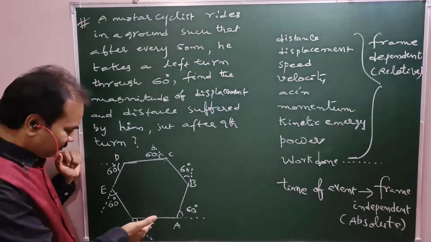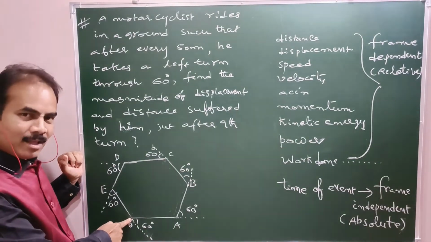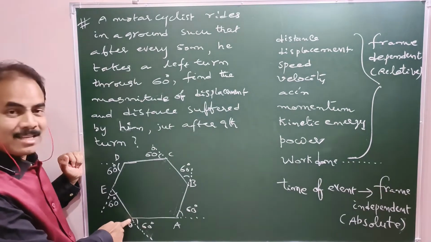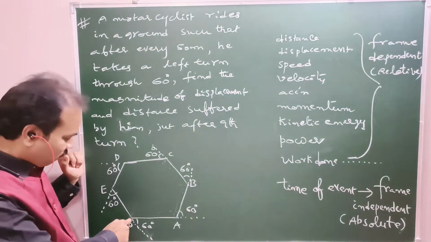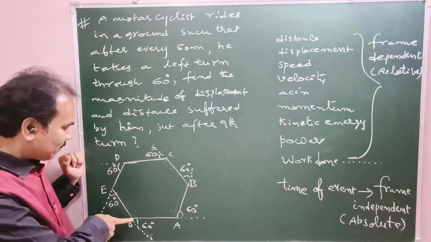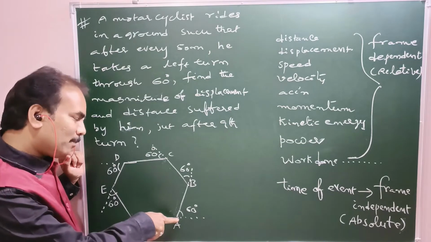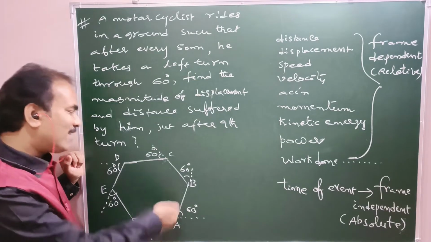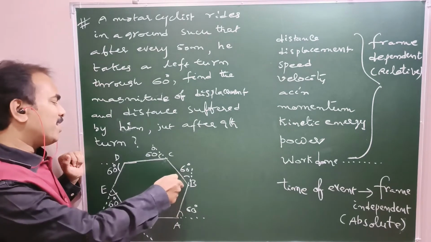See here, this is the starting point of the motorcyclist. O is the starting point. He started from point O and covers 50 meters straight away. At point A, he takes a left turn through 60 degrees. Again, covers 50 meters.